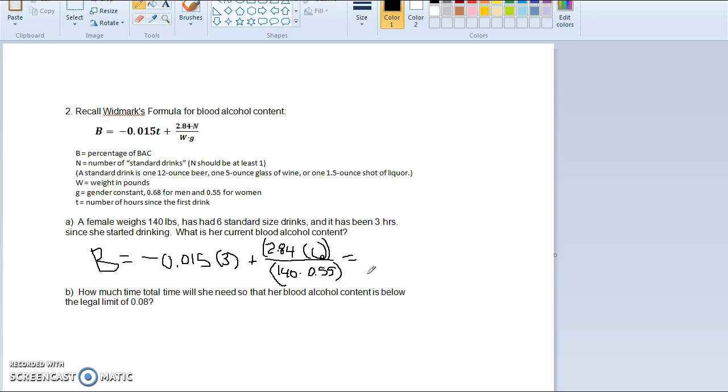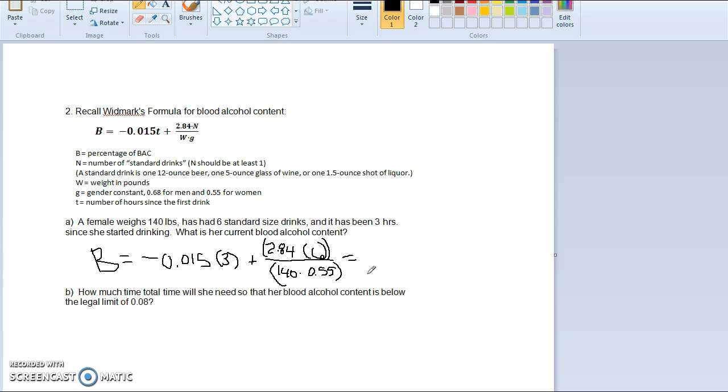So I'm going to do it that way: negative 0.015 times 3 plus parentheses 2.84 times 6 parentheses divided by parentheses 140 times 0.55 parentheses.